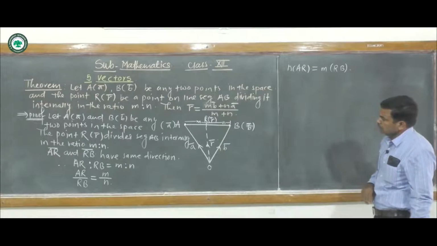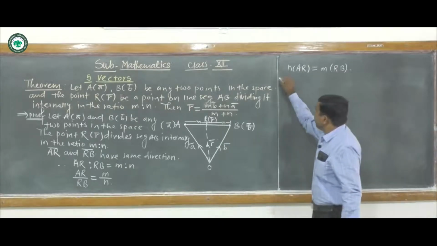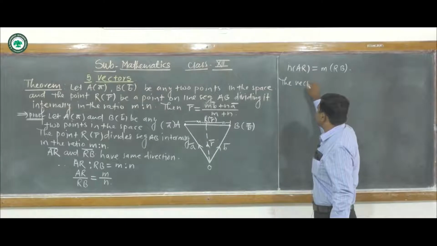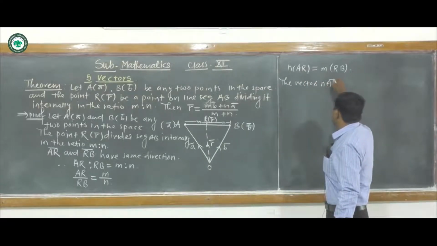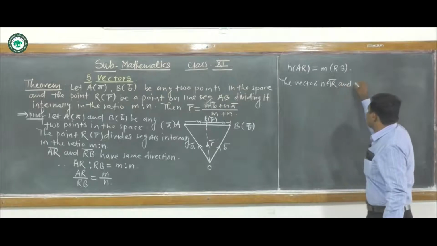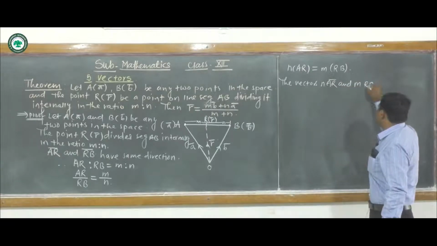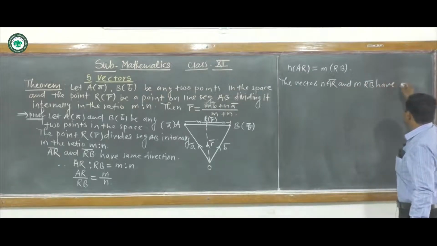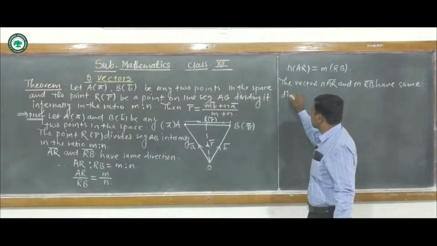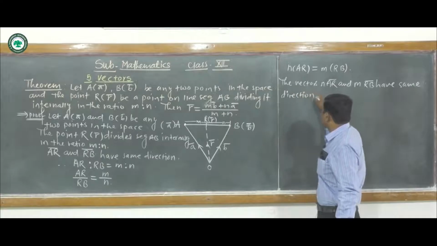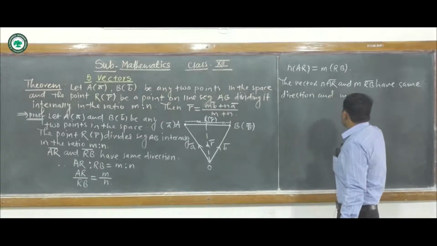See, the vectors n into AR bar and m into RB bar have the same direction and magnitude.